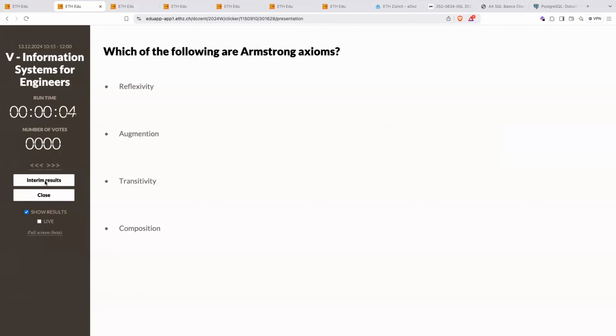Which of the following are the Armstrong axioms? Multiple answers: reflexivity, augmentation, transitivity, and composition. Remember that it was in the database design theory, when we had the rules to transform the functional dependencies.